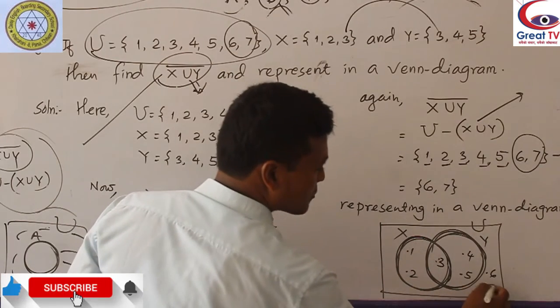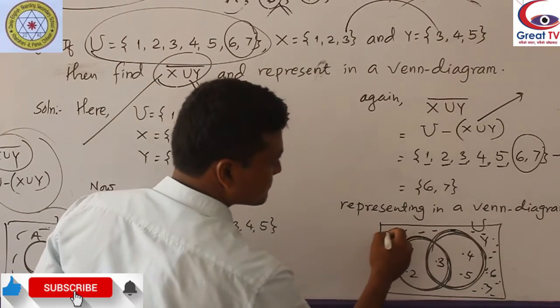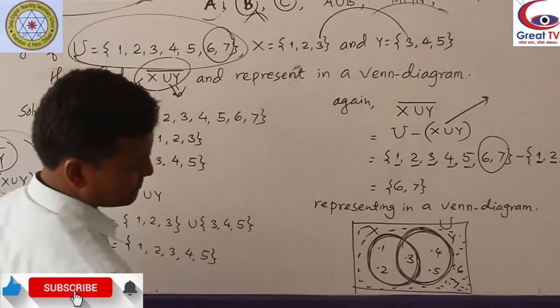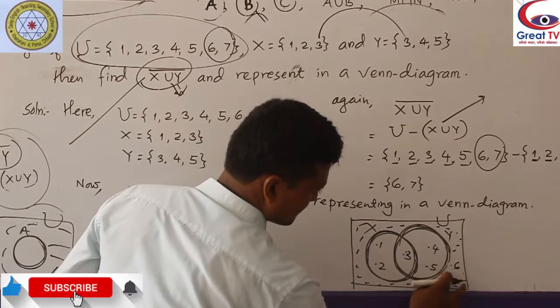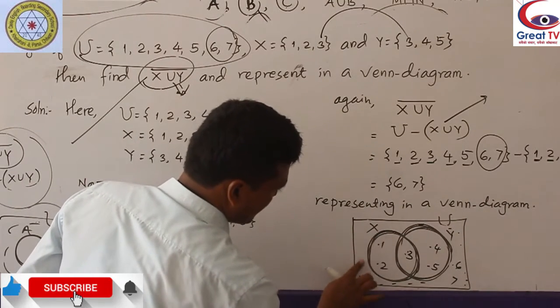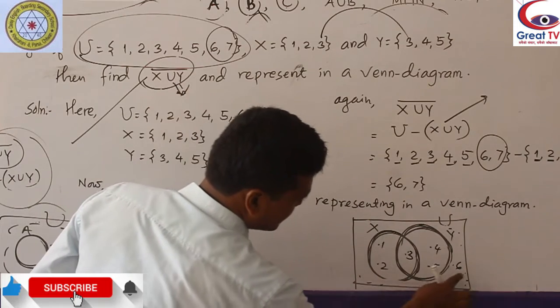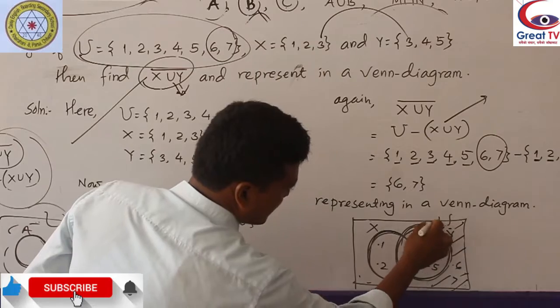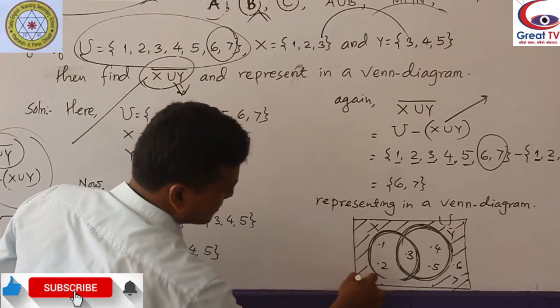It means we shade outside. We say it is X except X and Y, another way of saying it. It will be clear on the board.